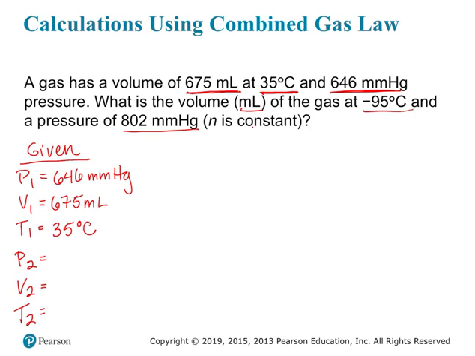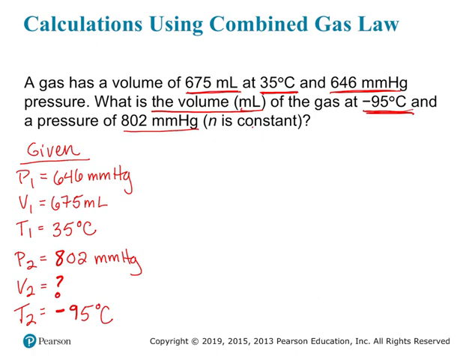All right, and then P2 is 802 millimeters of mercury. And then we don't know what the new volume is, so that will be a question mark. And then T2 is negative 95 degrees Celsius.